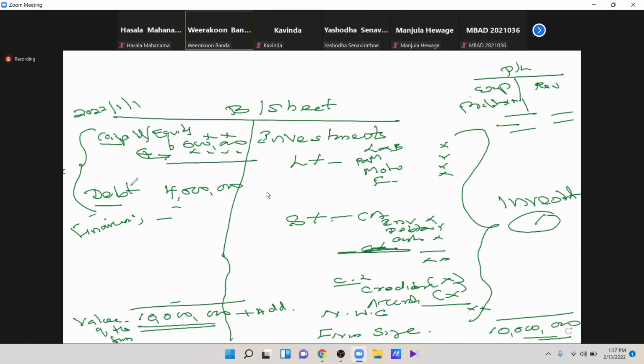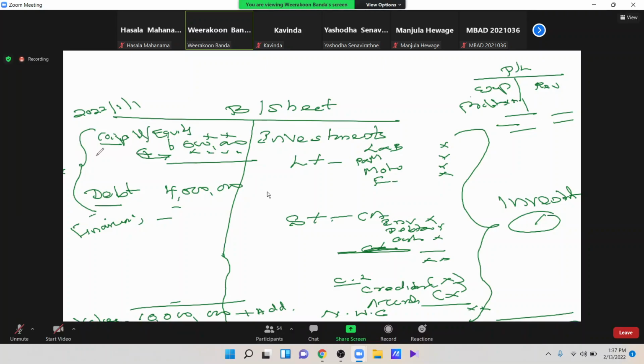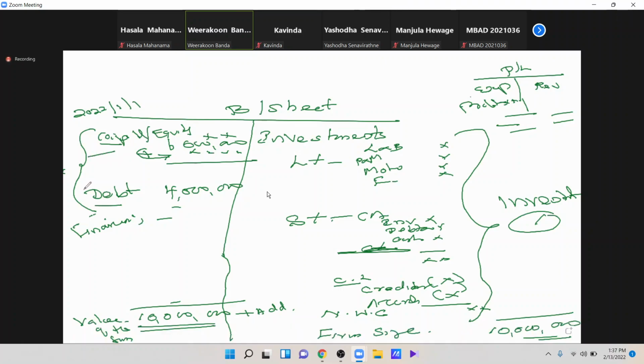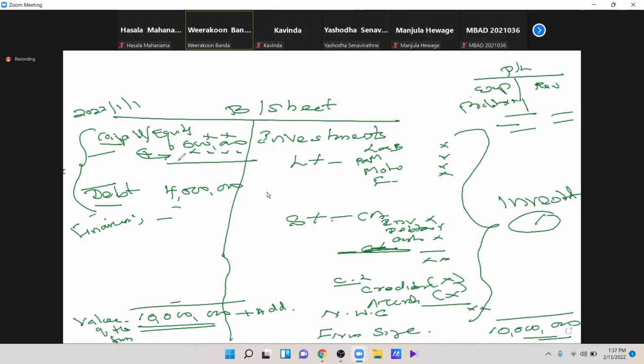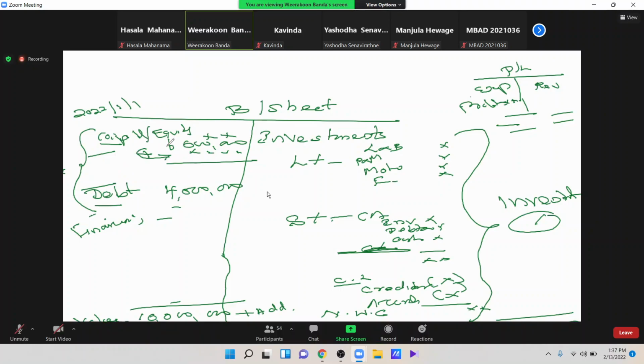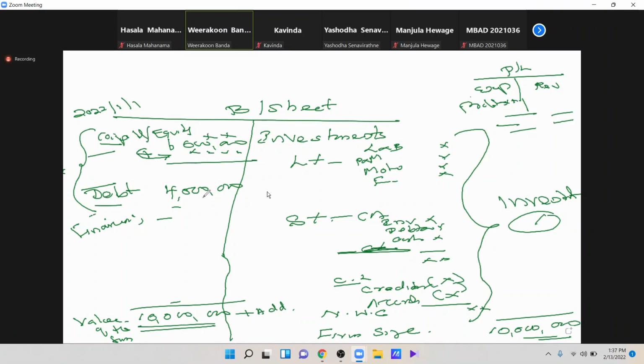However, this is called debt and equity. So long-term owner's capital, long-term debt capital. We maintain some balance between these two, owner's capital as well as debt capital.